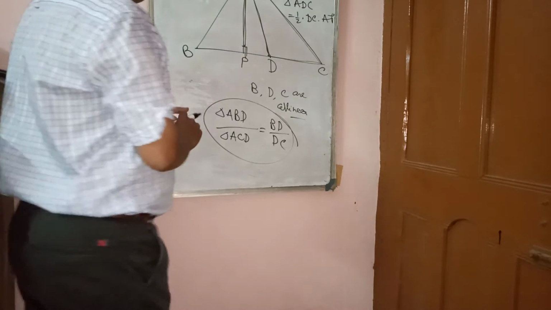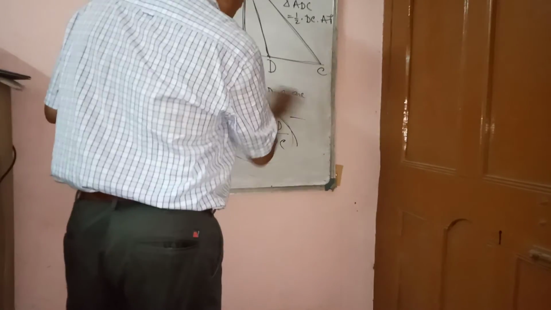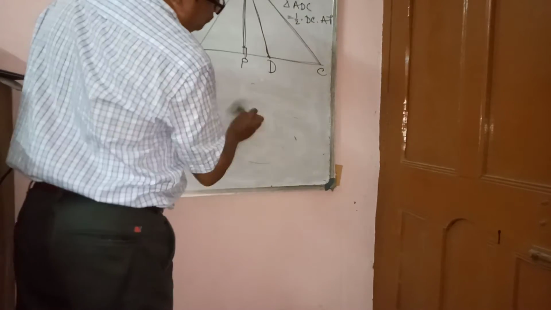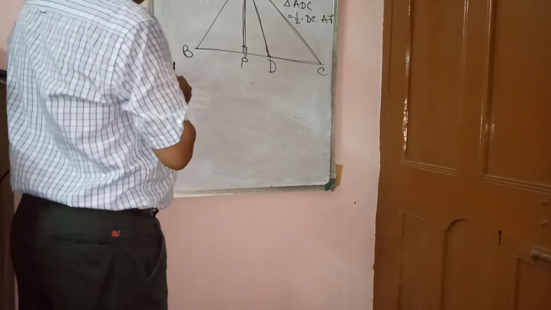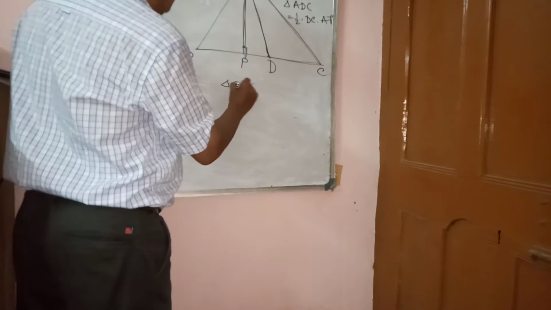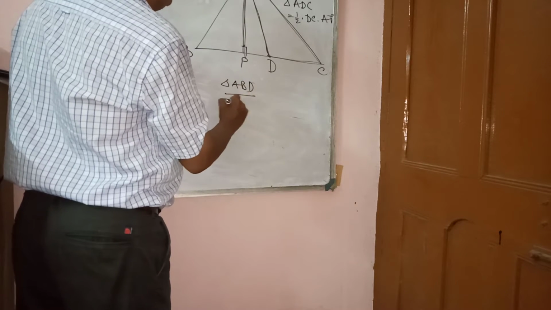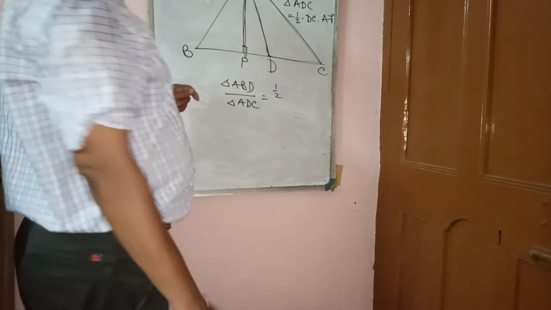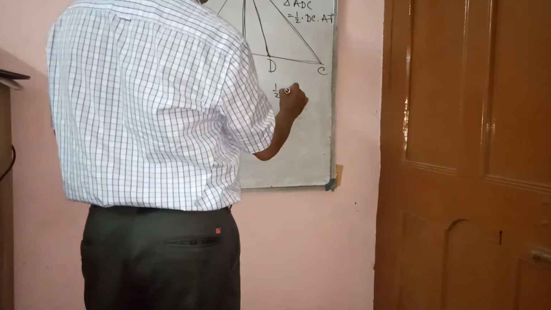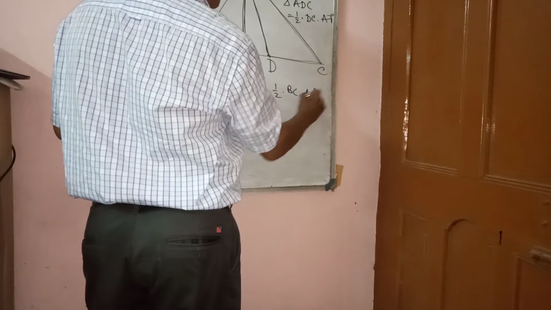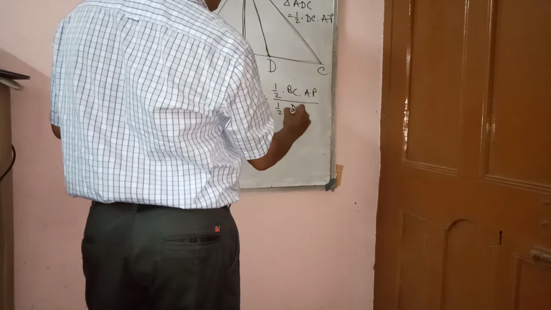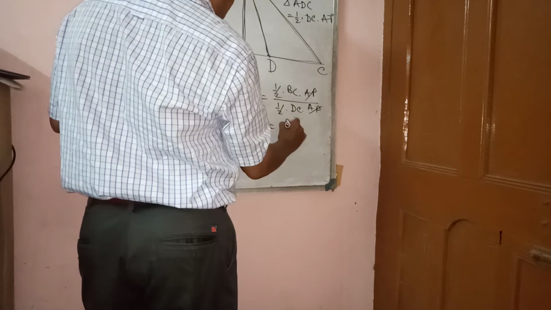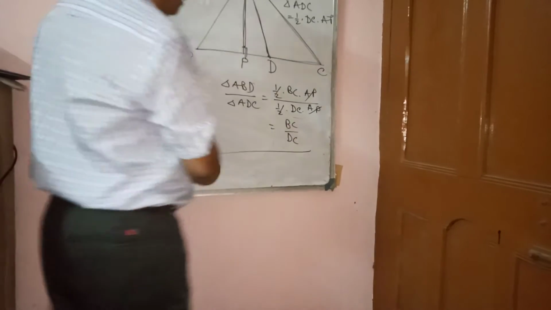Now if you divide these two triangles, that is ABD by ADC, half into BD into AP by half DC into AP. Both AP cancel, half cancel. See, BD by DC. Understood?